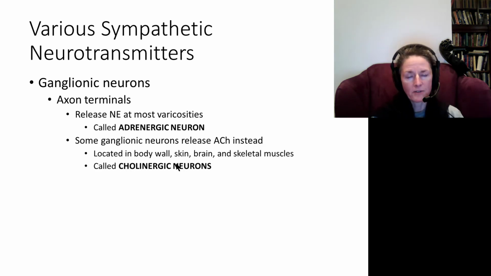In the parasympathetic division, that neurotransmitter will always be acetylcholine. And so that's an important distinction. But in either case, the receptors on the effectors, on the targets, are going to be second messenger systems. So we're not going to use the typical ligand-gated channels that we had seen before.